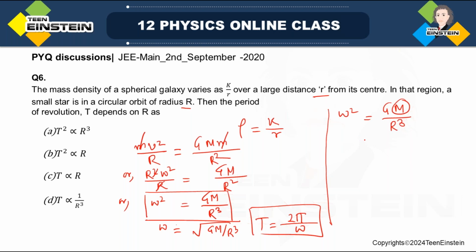You can just do the integration. So dm is equal to 4 pi r square dr times rho. Now if you want to get the whole mass, you can just do the integration. Since the radius is not given, I'll take a spherical object of radius capital R itself.